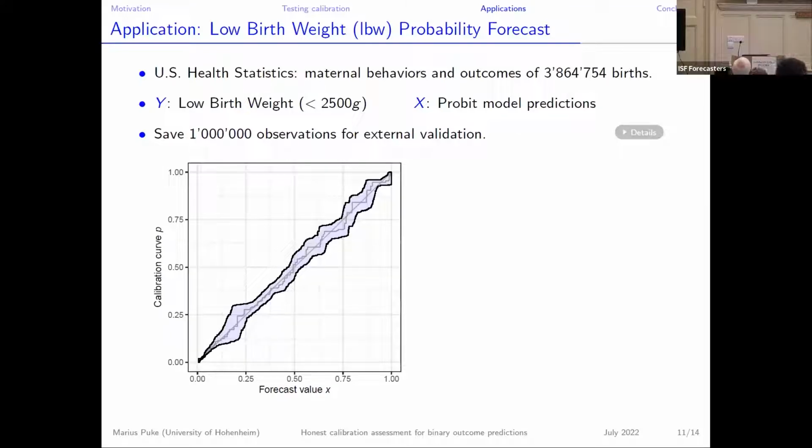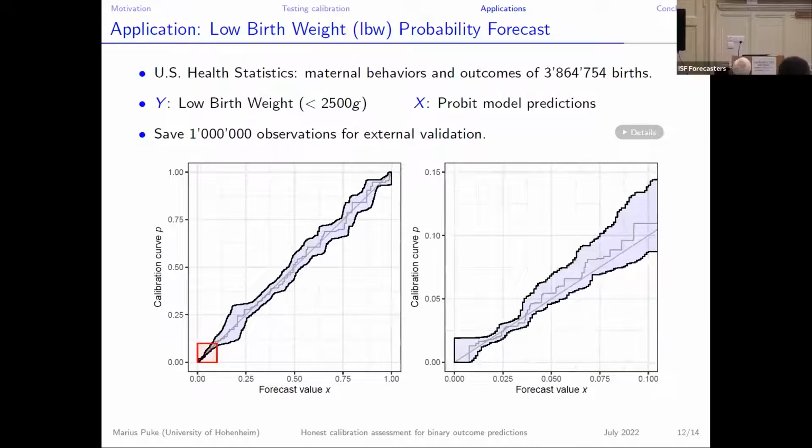We used variables like maternal behaviors like smoking, other diseases, and stuff like this. And what we achieved in an out-of-sample forecasting exercise, we were able to show with our confidence bounds that the predictions that we were generating here are quite well calibrated. So we see that this diagonal line is captured within this band for all those forecasting values that we have here.